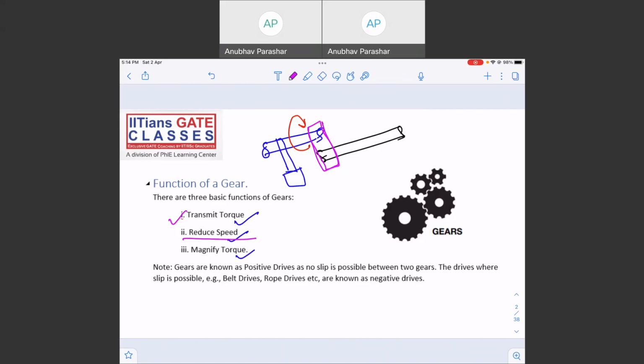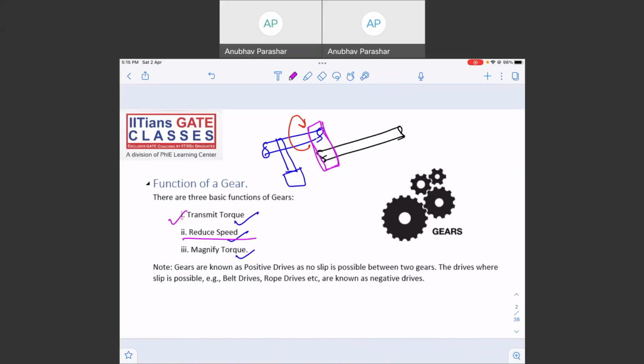All of you must have felt that you always need to start your vehicle in gear number 1, right? What does it do in gear number 1? It reduces the speed. The speed will be low, but it magnifies the torque. The starting torque required is always high. Once the vehicle comes into some momentum, the required torque is less, so we can shift onto higher gears.